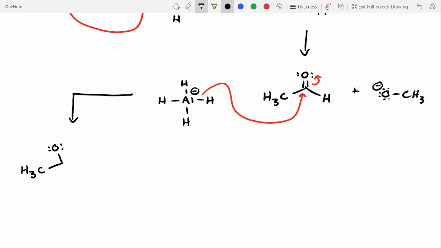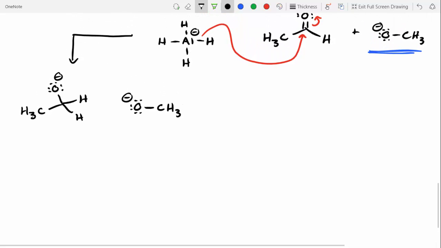Now this oxygen up here has a negative charge. We've got two hydrogens attached. And let's not neglect this guy. This one's still floating around in solution, the other alkoxide anion. And what do you think the last step will be? Similar to the last reaction. Yeah, exactly. We need to do a proton transfer.